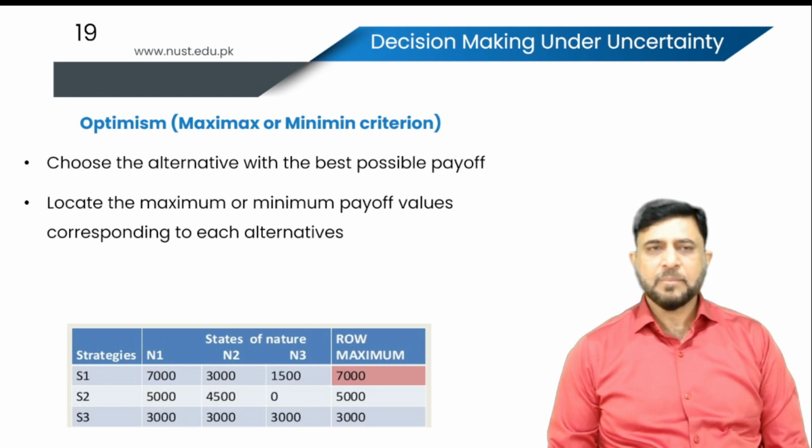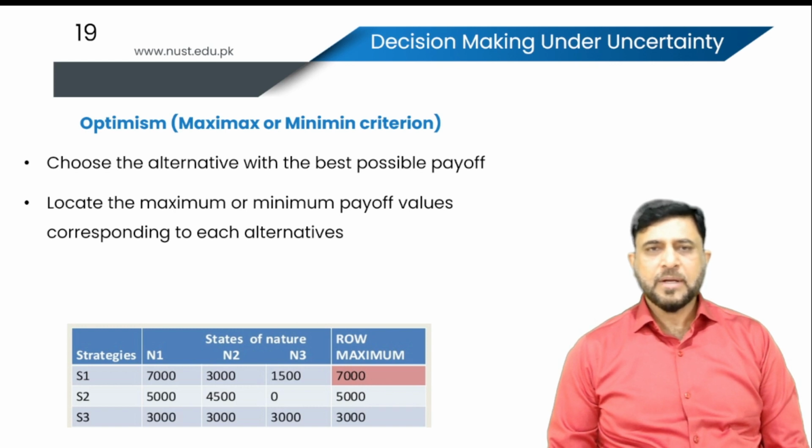This is the payoff table. We have three strategies and three states of nature, N1, N2 and N3. For each strategy we have payoffs. For example, for S1 and N1 we have 7,000, and similarly for the others.